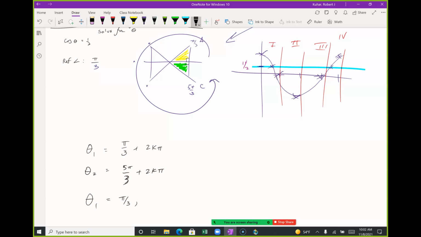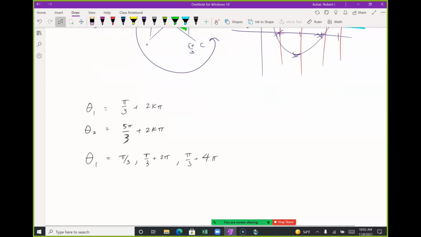My second answer, right, is pi over 3 plus 2 pi. My next answer is pi over 3 plus 4 pi. Remember, I'm doing 2k pi. So 2 times 1 times pi, 2 times 2 times pi, 2 times 3 times pi. I think 3 should be enough.